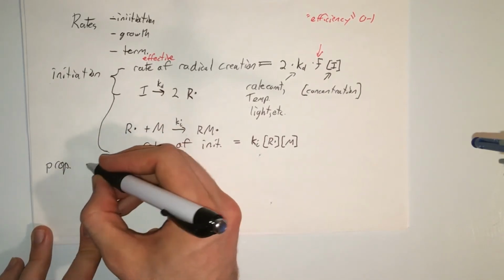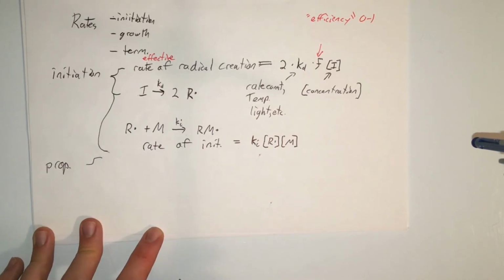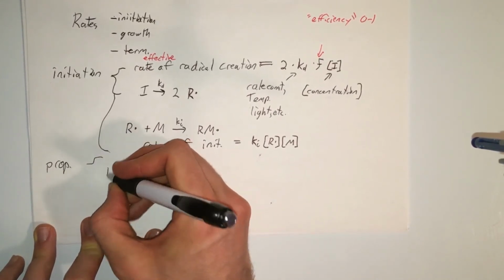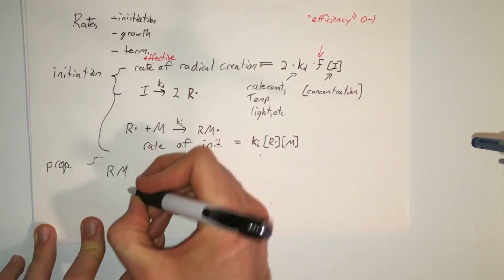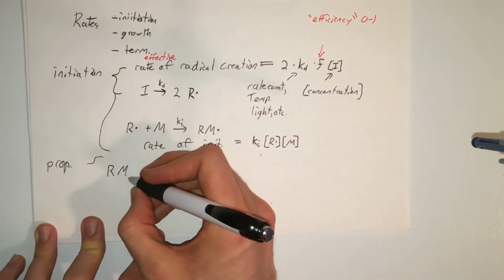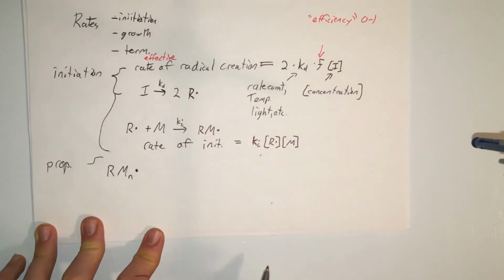So when we talk about propagation, we're going to frame things in similar ways to chemical reactions like this. Only in this case, instead of just having a radical and a monomer, here we have a radical and a monomer chain attached to that radical of length n, and then on the end of it, there's a free radical.